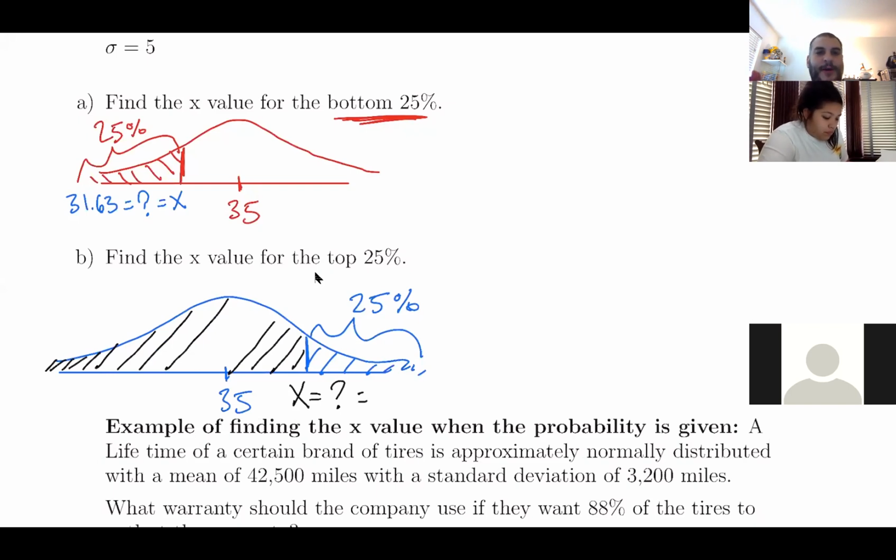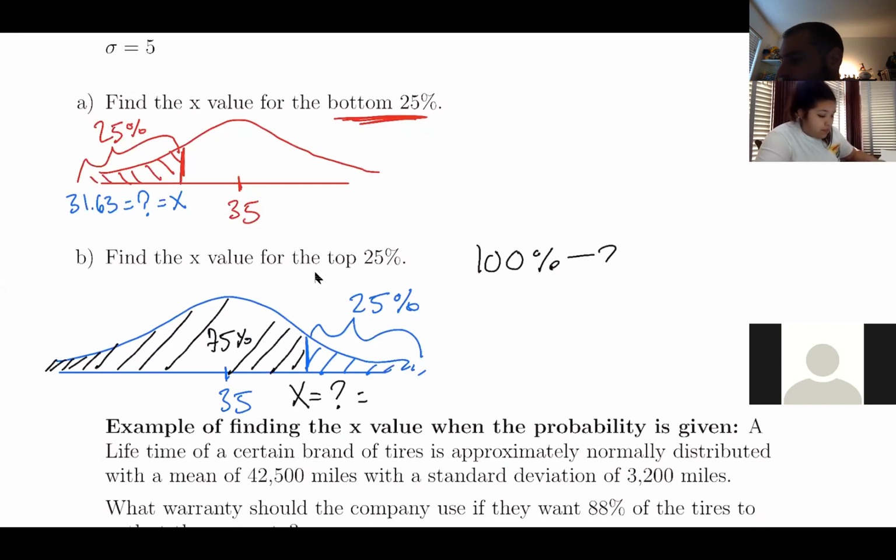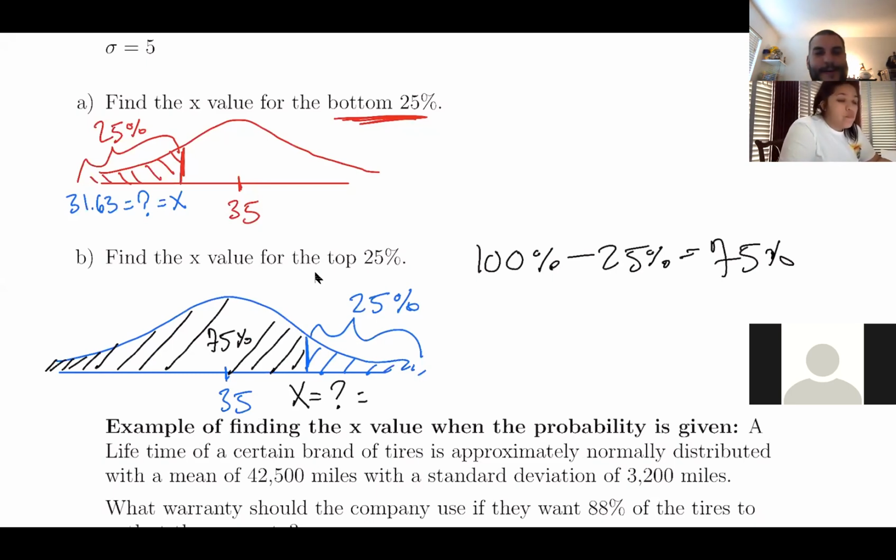So if I know the probability of the right is 25%, what's the probability of the left side? 75. So you put 75%. If you do 100% minus 25%, you get 75%. Thank you. All right. Everybody good with this drawing?